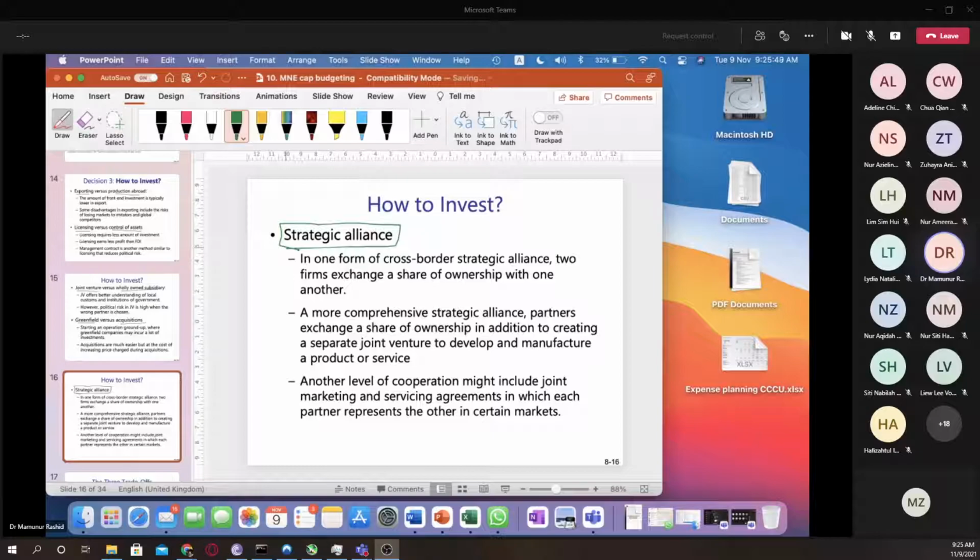in 1997, I think, when Steve Jobs came back to Apple, at that time the number one competitor of Apple was Microsoft. But he announced that Microsoft is going to have a strategic alliance with Apple.